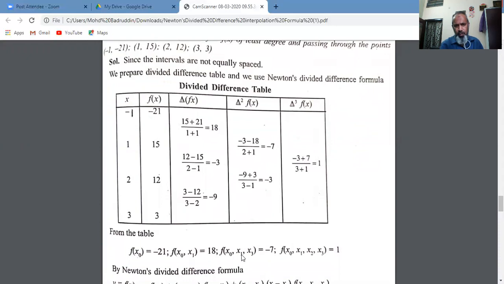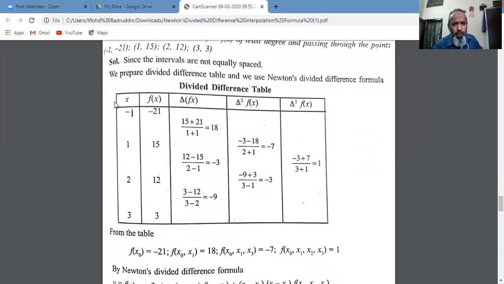By printing mistake, it is written here x3, but it is x2. So we know all the values of f of x0, the first, second and third divided differences. After the third divided difference we do not have any value, so we write the formula up to the third divided difference only.